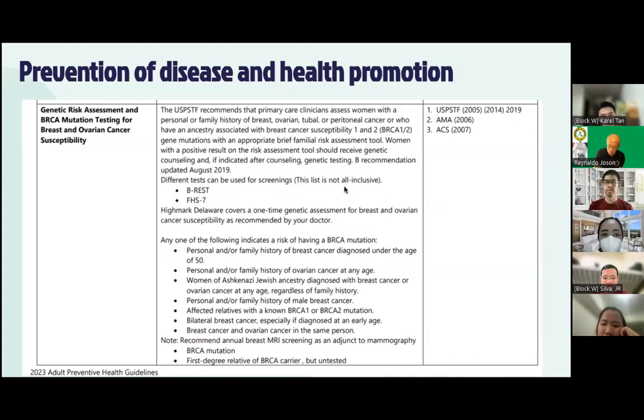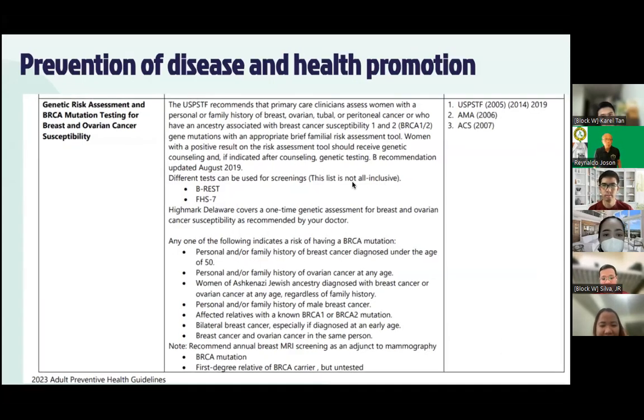So women with personal or family history of breast, ovarian, tubal, or peritoneal cancer, or have an ancestry associated with breast cancer susceptibility 1 and 2 gene mutations are advised to undergo genetic counseling, genetic risk assessment, and BRCA mutation testing, such as seen in this slide.